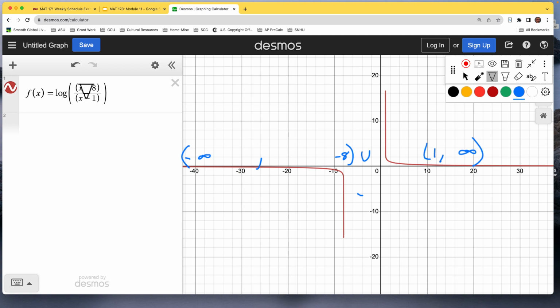Does that make sense? You could see why it wouldn't be 1, because you get division by 0, but if you plug in negative 8, you end up with 0 over negative 9, but that's still 0, and so you would end up with the log of 0, which is undefined.